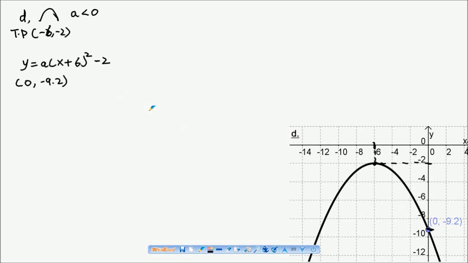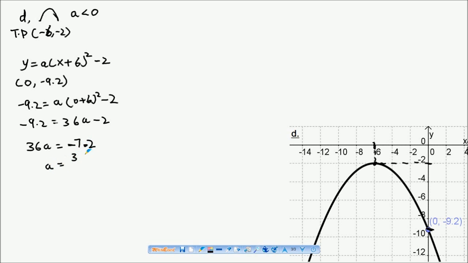Now let's do it. So when x is 0, y equals minus 9.2, now we have 0 plus 6 squared minus 2, so minus 9.2 equals 36a minus 2, and 36a will be minus 7.2 here, and your a is minus 7.2 divided by 36, which is minus 0.2.